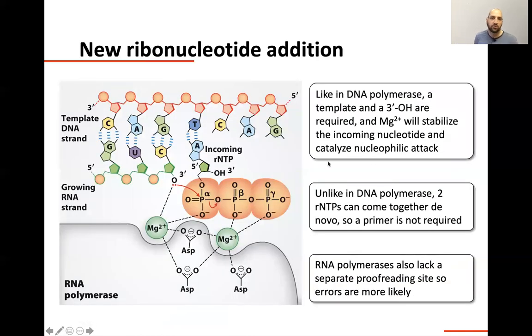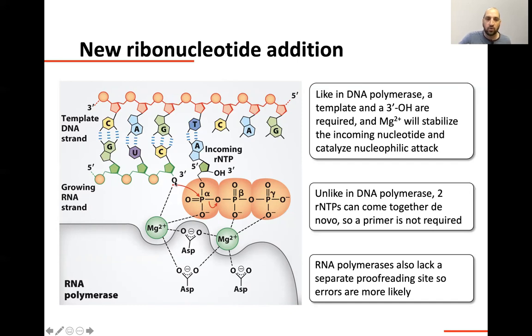Okay, the last slide before we wrap up for this little video, before we take a break and walk around. The last slide is showing you that we've got new RNTPs coming in a way that's very similar to what we saw with replication. So when there's a match between the template and the incoming RNTP, we get close contact between this nucleophile and the alpha phosphate. The magnesium is helping to hold this as a negative oxygen.